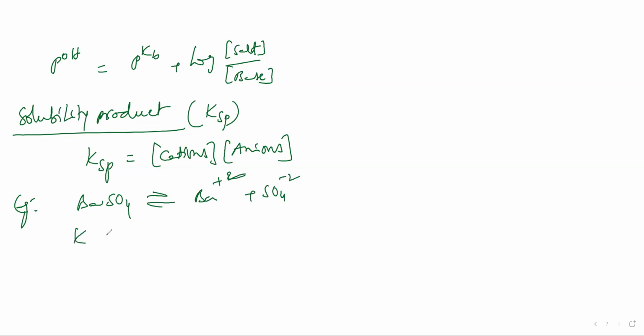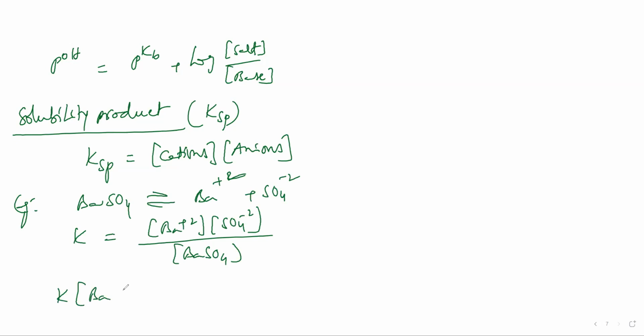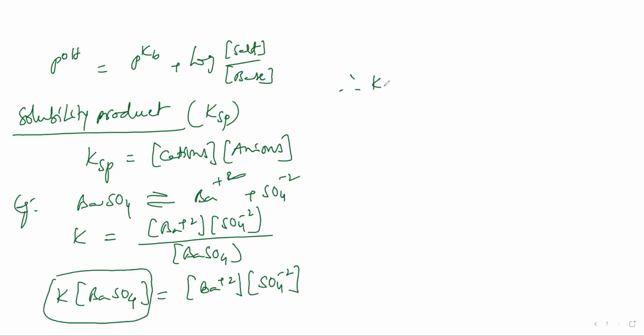Now, what is the equilibrium constant for this? Concentration of products by concentration of reactant. Now here, bring this barium sulfate towards the equilibrium constant. And what will happen? Concentration of barium ions and the concentration of sulfate ions. So therefore, this entire term is considered as the solubility product. KSP is equal to concentration of Ba plus 2 and concentration of SO4 minus 2. That is cation and anion concentration.